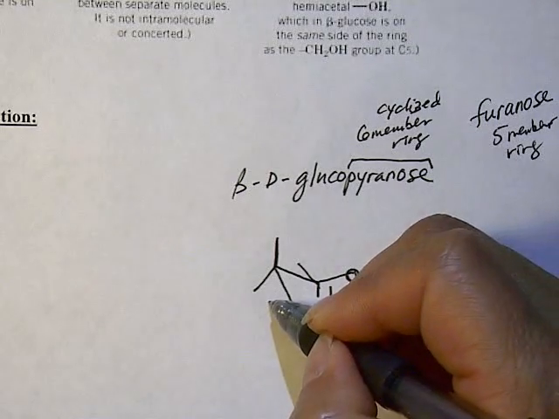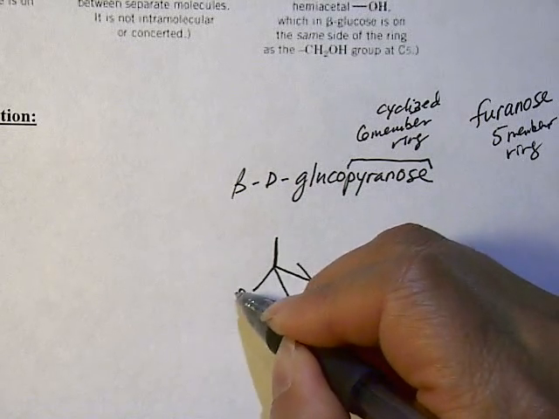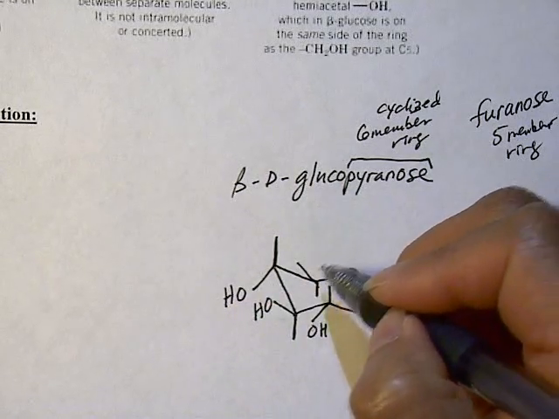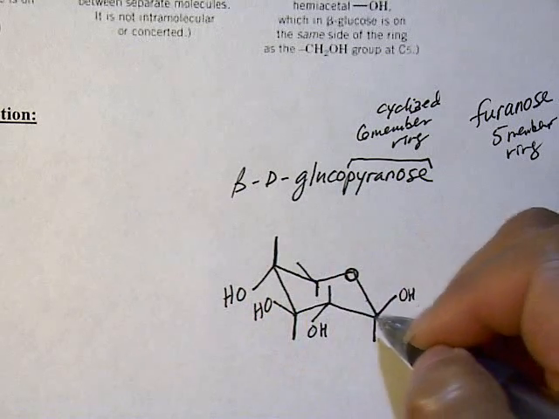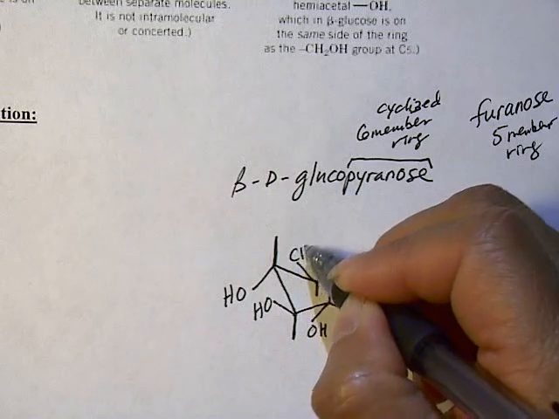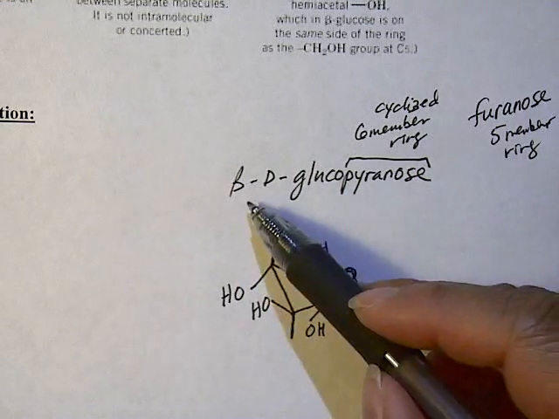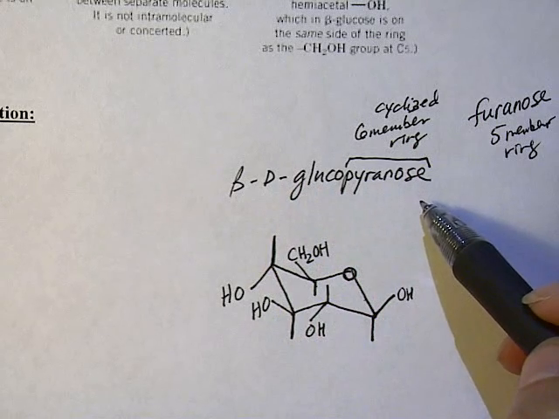You'll notice when you draw the chair conformation for glucose, the OHs are all in the equatorial position, and the last CH2OH is also in the equatorial position. This is the beta D glucopyranose.